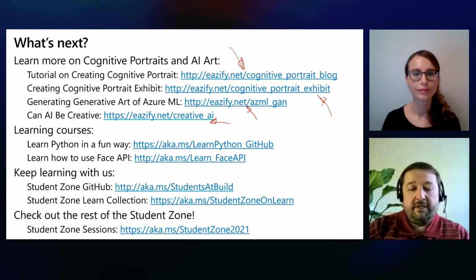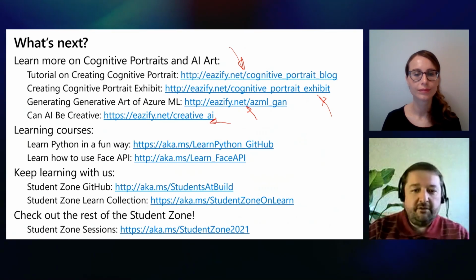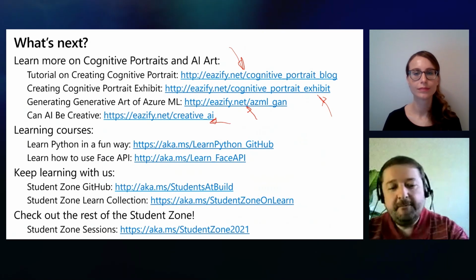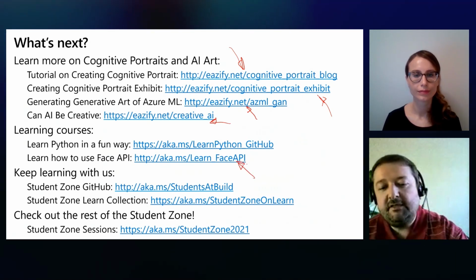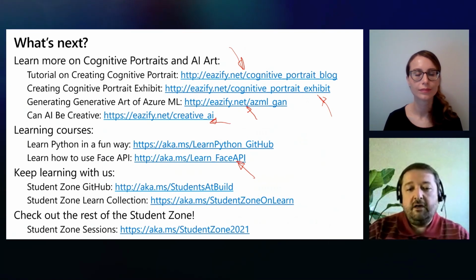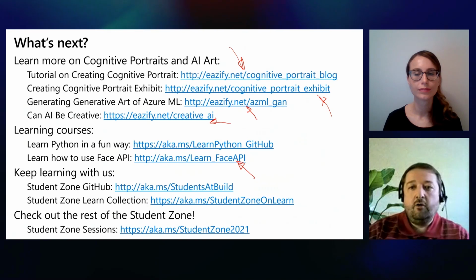And then if you want to learn Python, I have shared already the course on Python. And if you want to learn more about using Face API, you can see the Microsoft Learn module on Face API. In fact, Face API can be used from other programming languages as well, not only from Python, because it is a REST service. Like all cognitive services, it can be called through the internet from any programming language.